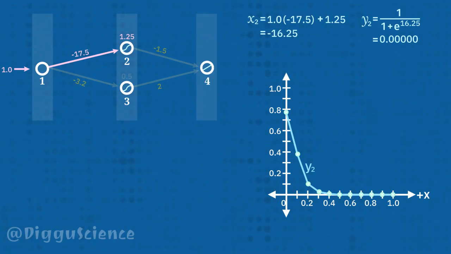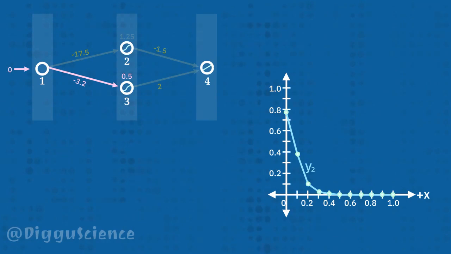Now we will calculate the output value of node 3. Node 3 has a weight value of -3.2, a bias value of 0.5, and the activation function is a sigmoid function. When the input value is 0, then the input value at node 3 is x3 equals 0 times -3.2 plus 0.5.